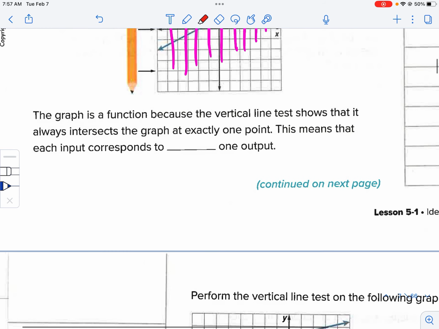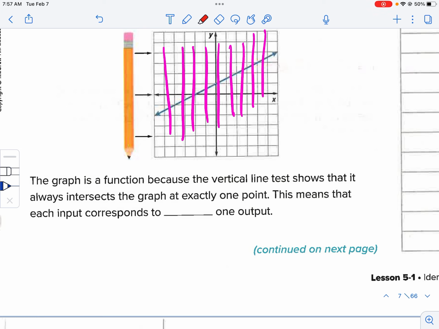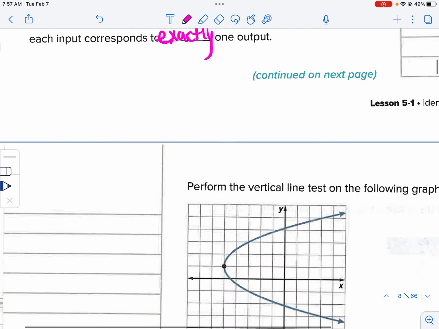The graph is a function because the vertical line test shows that it always intersects the graph at exactly one point. This means that the input corresponds to exactly one point, one output.